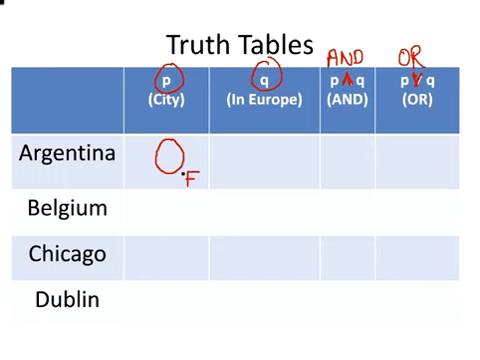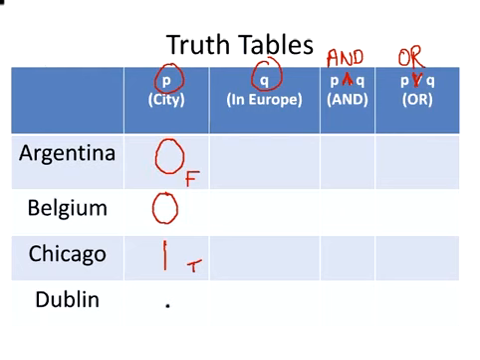But F and T will also be valid representations of true and false. So also I have Belgium, and Belgium is not a city, so that's going to be 0. Chicago is a city, that is true, so I'm going to put a 1 there. And again, in other notation, you might put a T there instead. I'm going to go with 0 and 1.